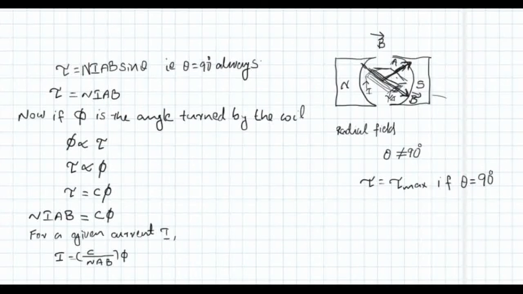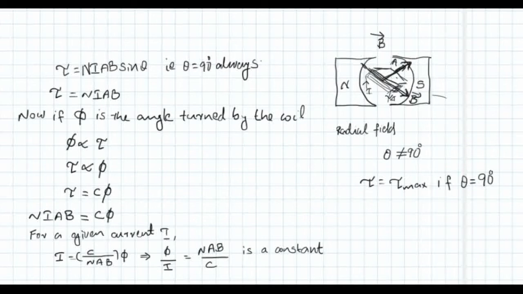and from this we can write phi by I is equal to NAB by C, and this quantity is a constant because the number of turns is a constant, area A is a constant, B is a constant, and C is already a constant.